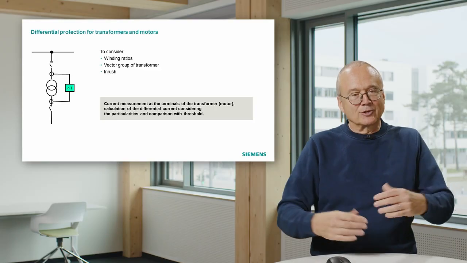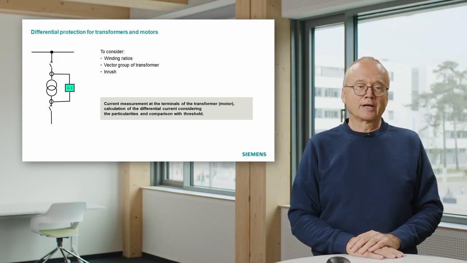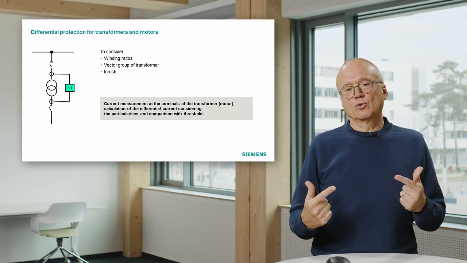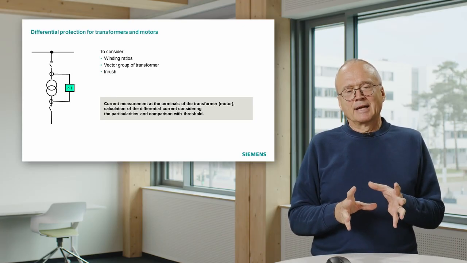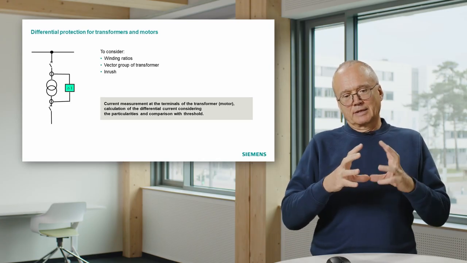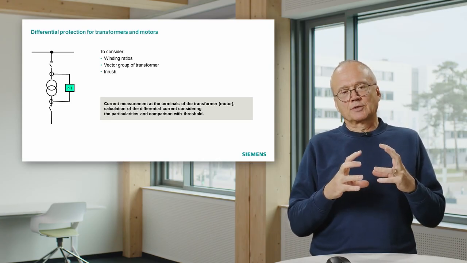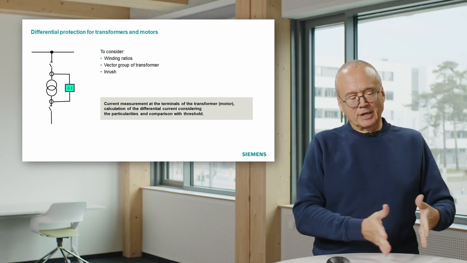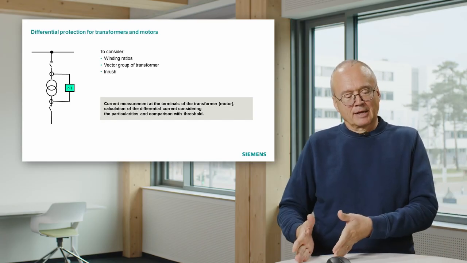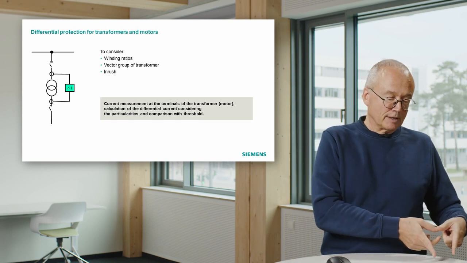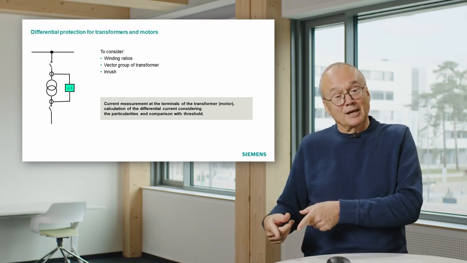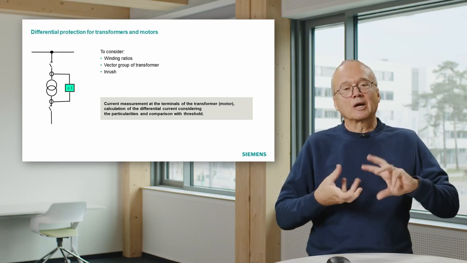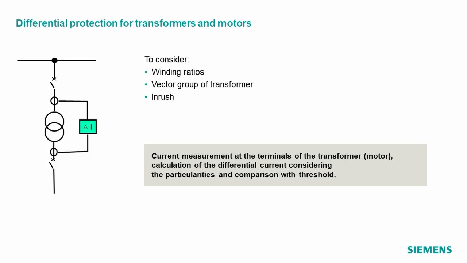That means we must take that into account to apply the winding ratio. And it's not only the ratio. If you look at a three-phase power transformer, that normally has, depending on the connection of the windings, a phase shift between one side and the other side. And that also means if we compare the current on one side to the current in the same phase on the other side, we must take into account this phase shift resulting from the connection of the windings.